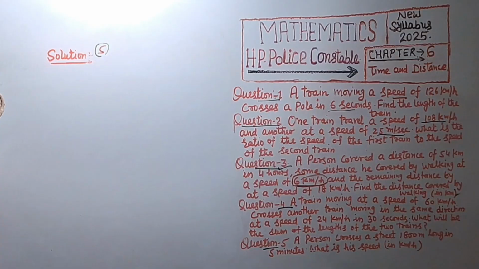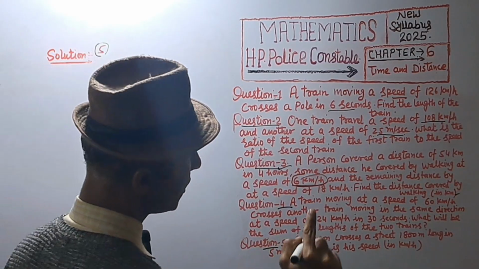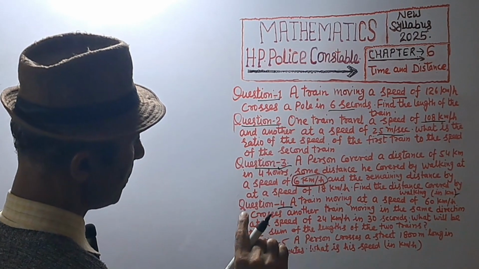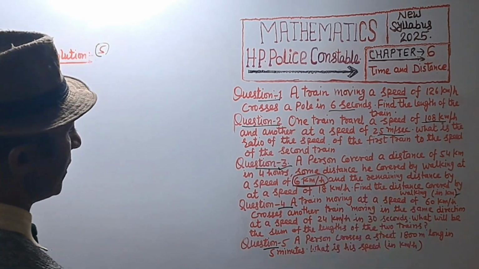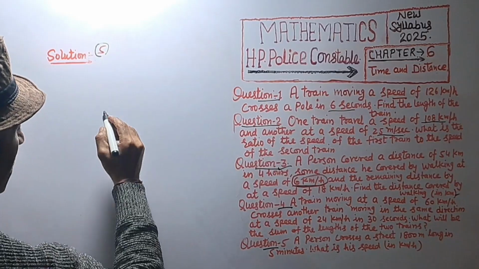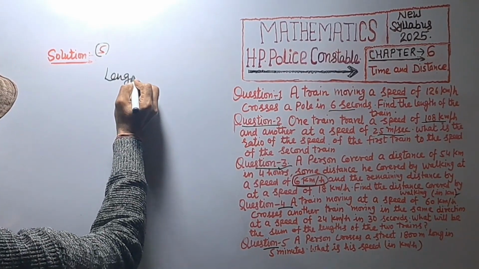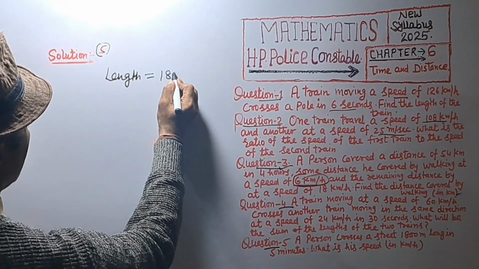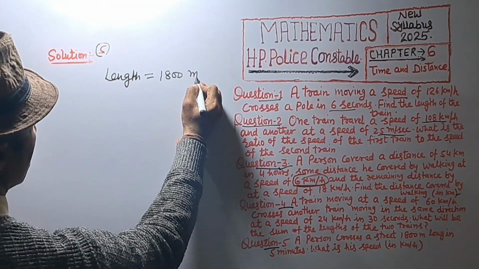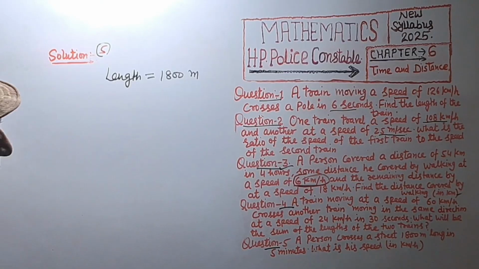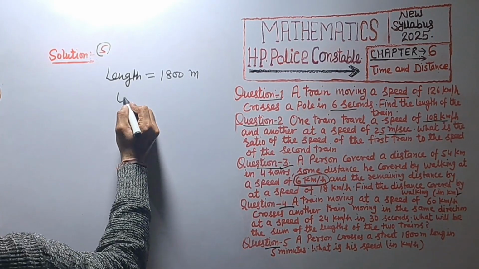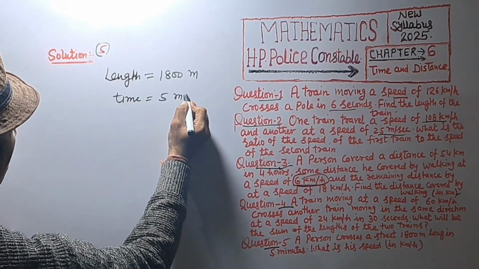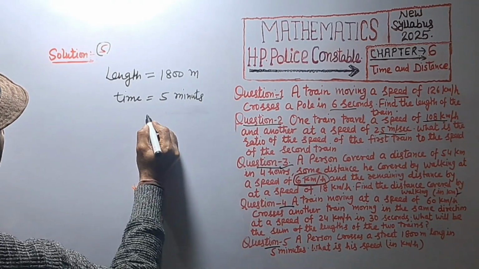Question number 5. A person crosses a street 1800 meter long in 5 minutes. What is his speed in kilometer per hour? Length is equal to 1800 meter and time is equal to 5 minutes.